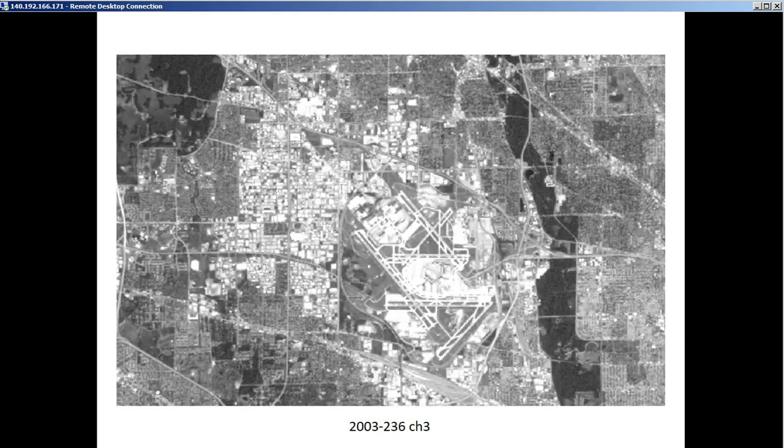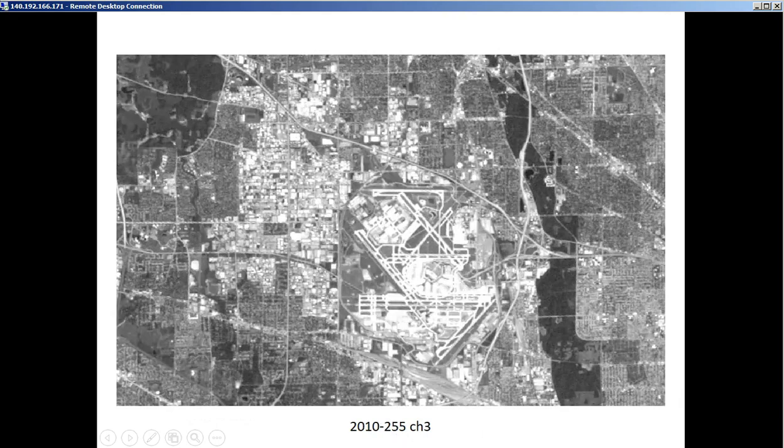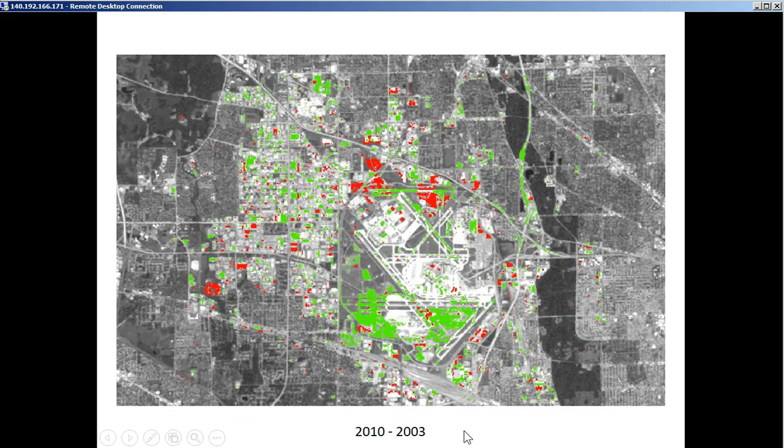So here we go. This gives you an example of a simple change analysis. Here's 2003, 236th day of the year, channel 3, and here's 2010, the 255th day of the year. I probably would do a radiometric correction on these. And here's our change analysis, our difference image classified.